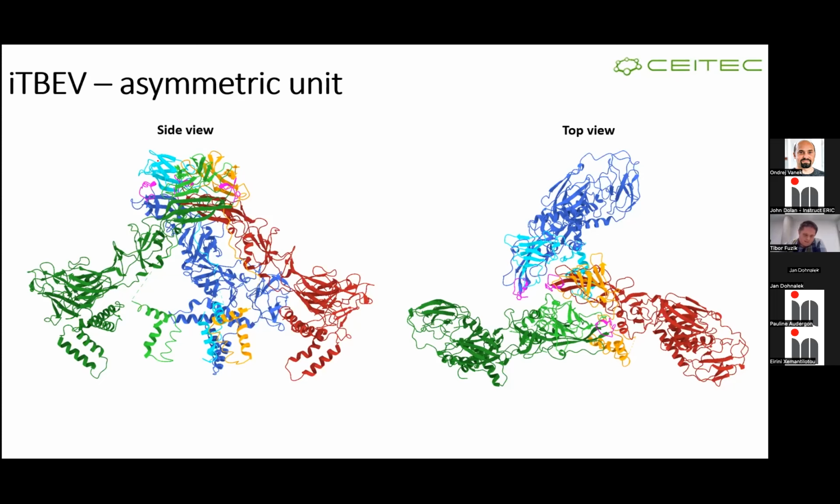What's important here is that you can see the fusogenic loop that is covered by the PRM, which is preventing the interaction of the virus with the membranes.